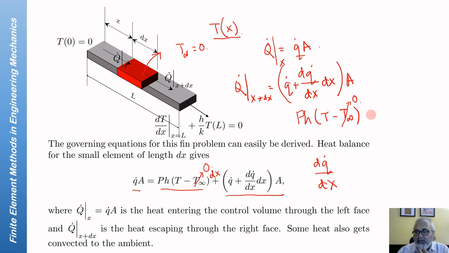P times dx is the area. So dq dot/dx into A plus pHT is equal to 0 is what you will get. Okay, now use Fourier's law.